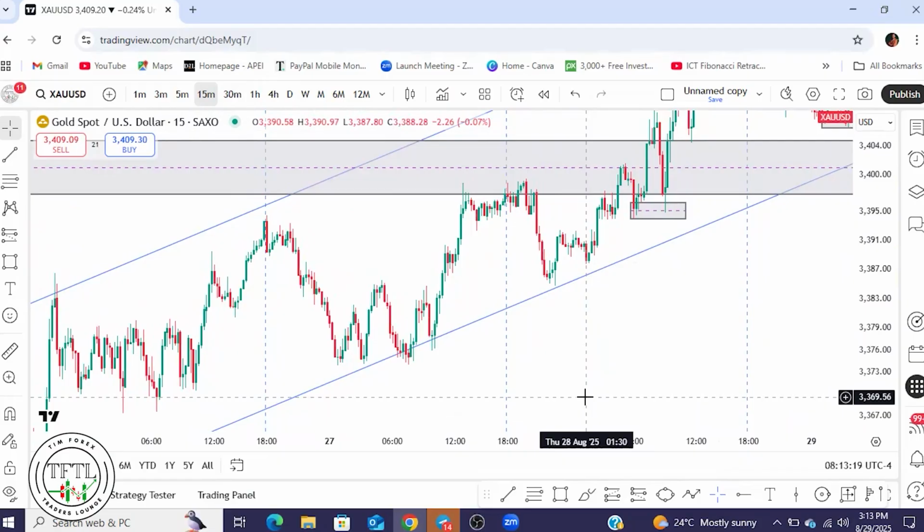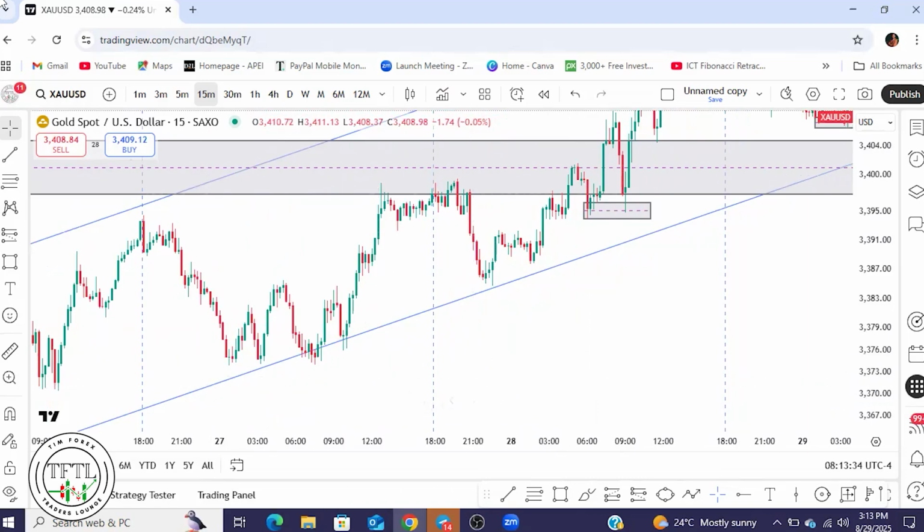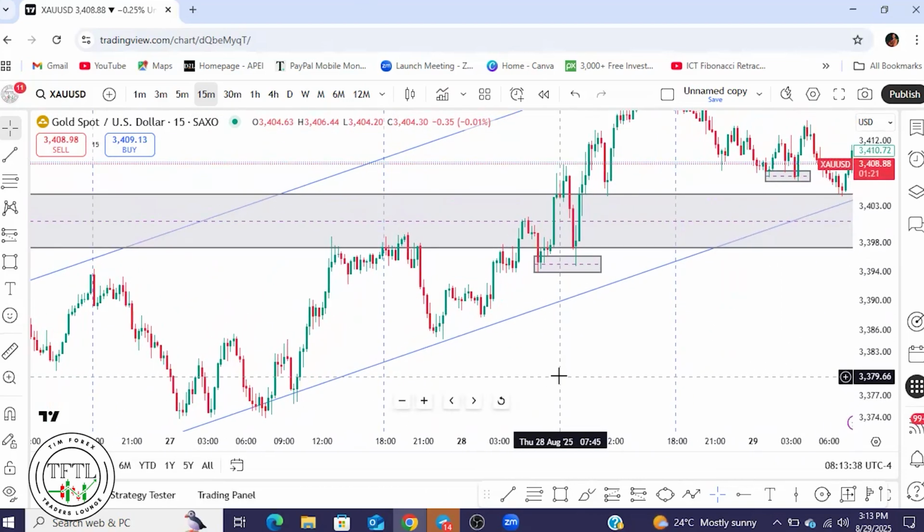So I avoid the Asian session unless I'm looking at scalping ranges, not very long-term positions, because most of the time gold tends to consolidate during that particular hour of the day.